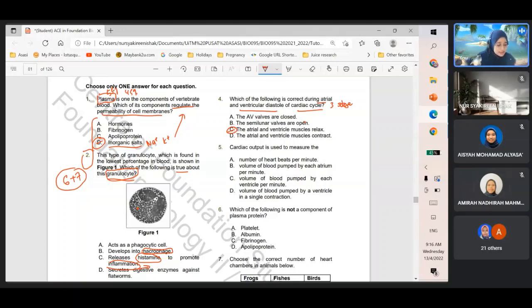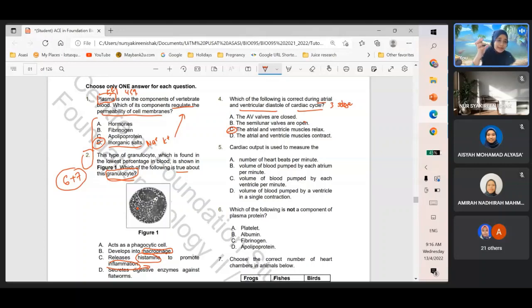So the first stage involve the chamber of the heart, the atrium and also the ventricle, the two atrium and also the two ventricle to relax so that all the blood is collected in these 4 chambers of the heart. So obviously in order for the blood in the atrium to flow in the ventricle, obviously the AV valve has to be open. So salah lah kan.